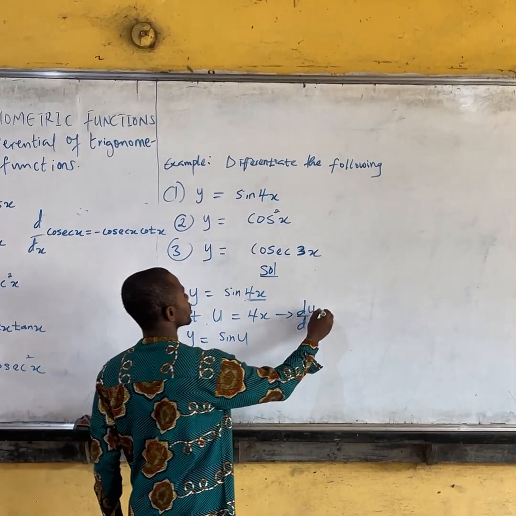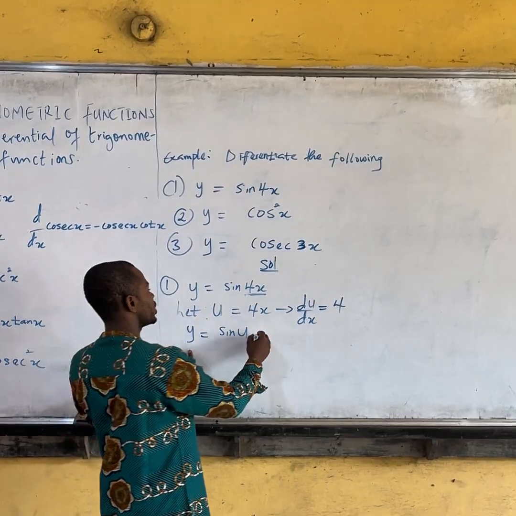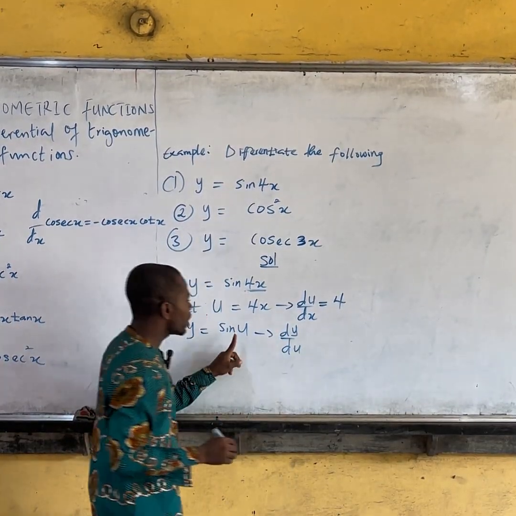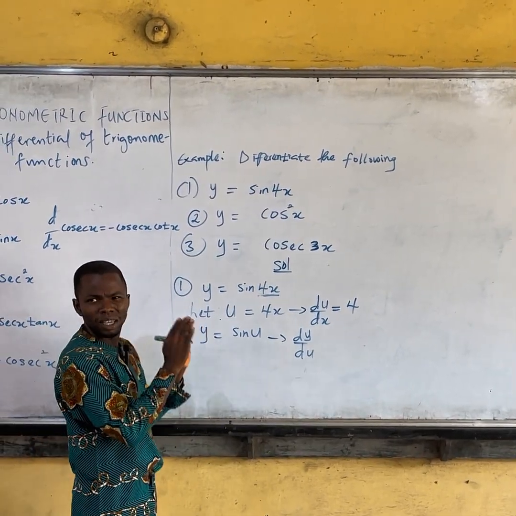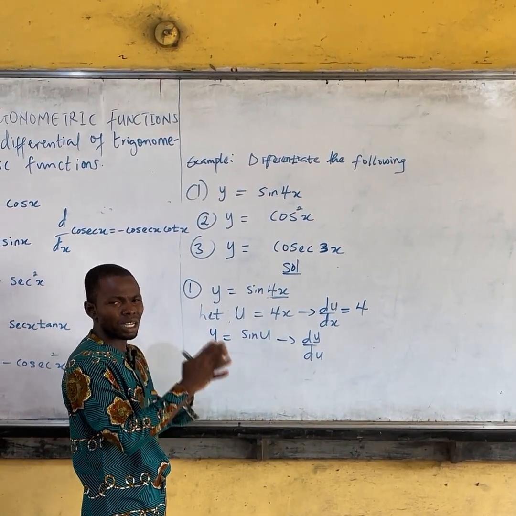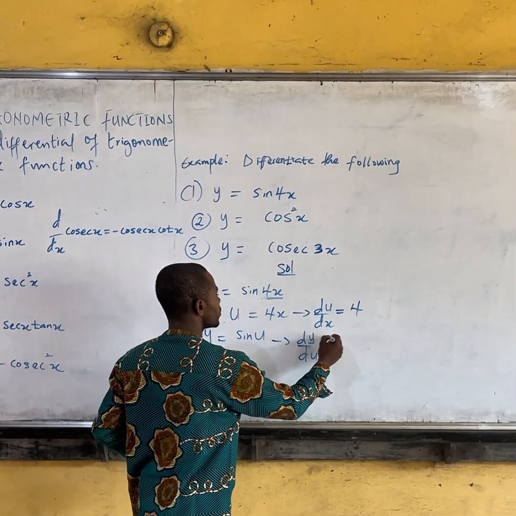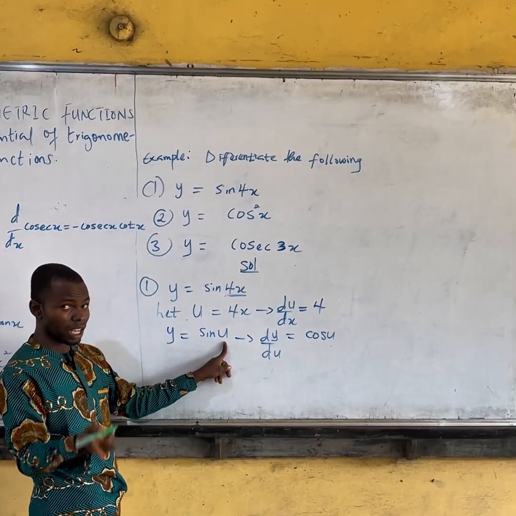The answer will give 4. From this y, I can generate dy/du. If you observe, sine of u is now in standard form, like x is a variable, so we can easily differentiate sine of u. So the differential of sine u gives cos u, since we are dealing with u, not x.